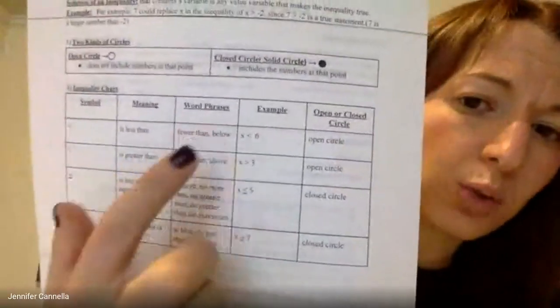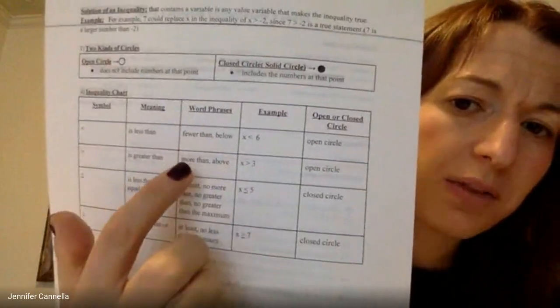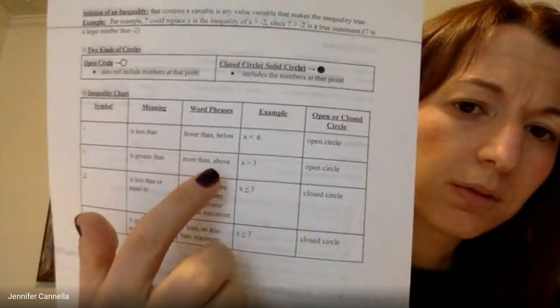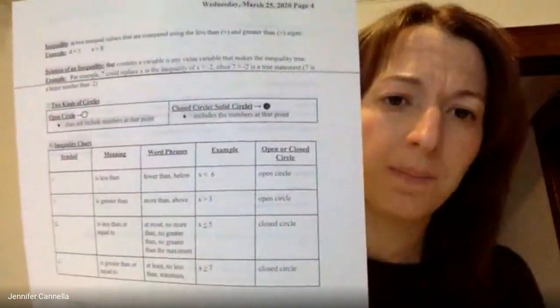All right. Now we have to know that when we see an open circle, if you go back to page 4, it tells you what an open circle means. When you have an open circle, you got 2 symbols: fewer than or less than, or greater than or above. When you have a closed circle, you're going to see a line underneath because that answer is included in the solution.